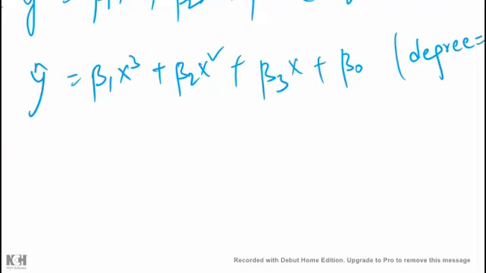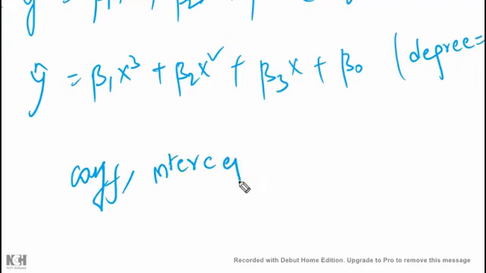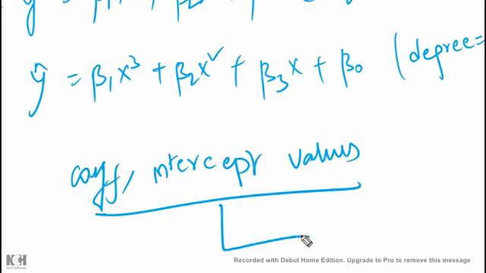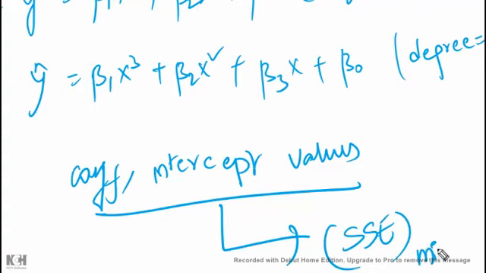In this, we have to identify whether this equation or this equation or this equation. Finally, we have to identify the coefficients and intercept values which give the minimum sum of the squares of errors.